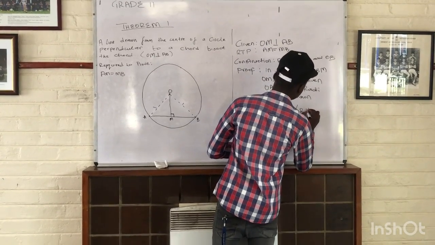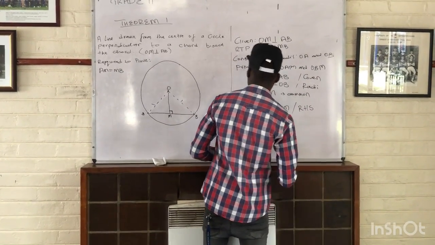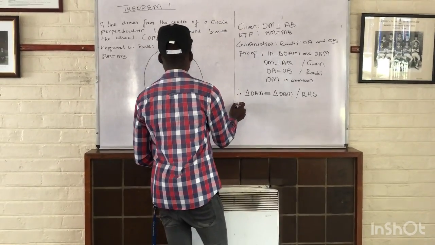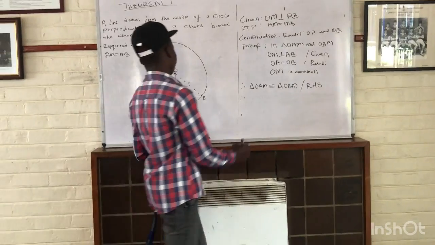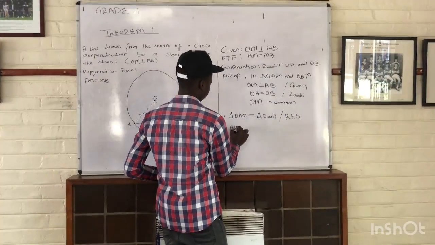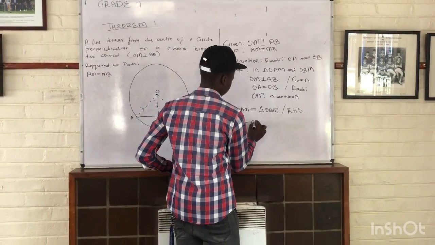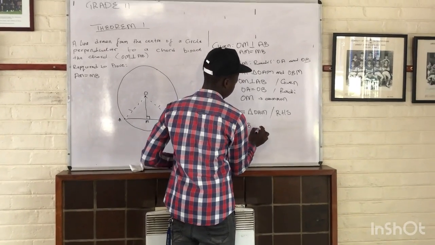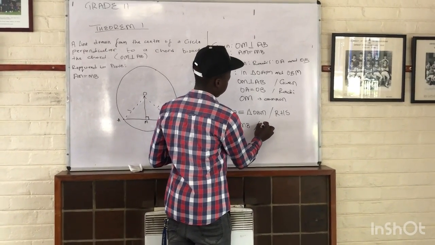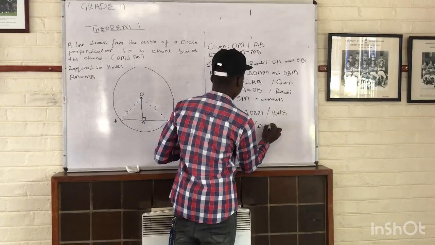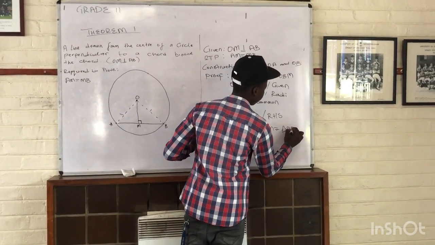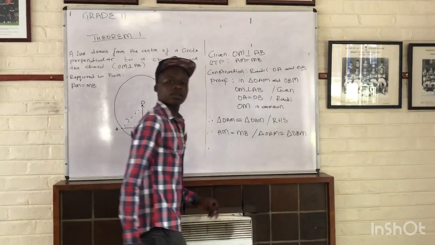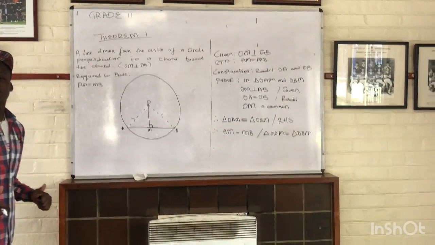Reason: right angle, hypotenuse, side. Therefore, it means AM equals MB, since triangle OAM is congruent to triangle OBM.